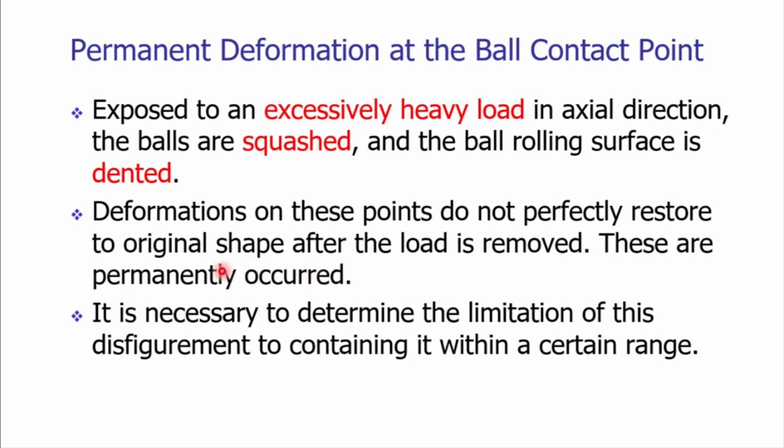So we have permanent plastic deformation when we remove the load. These permanent deformations are the dents, and these are not expected. Therefore the level of permanent deformation at these points needs to be considered during the designing of the ball screw shafts.